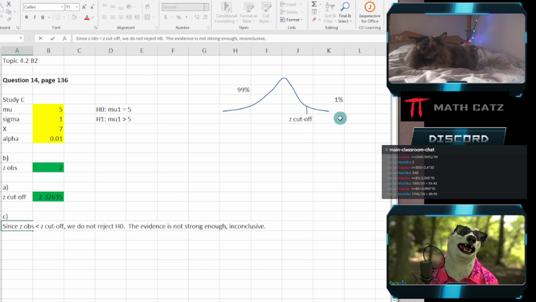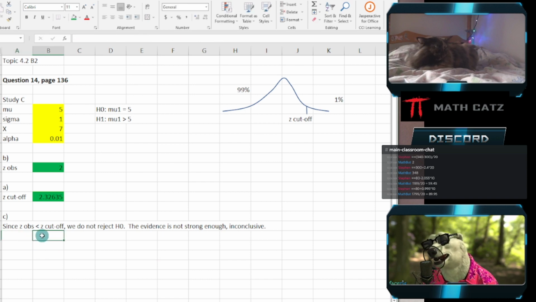But it's much more likely that this is happening because the true distribution has a mean further to the right, and those scores are therefore more common. So that is the idea behind our hypothesis testing and how comparing the observed and the cutoff scores are used.